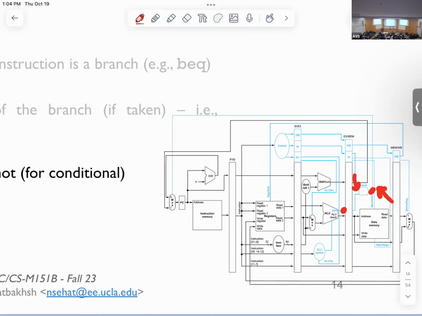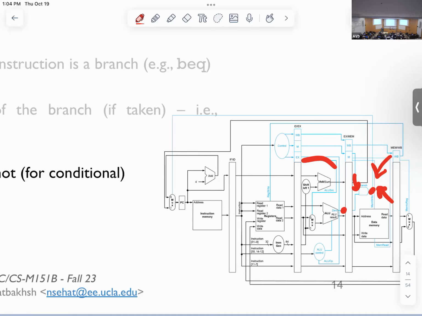When I was talking about where to put that AND gate, I said I want to put it in the memory stage, because the execution stage is already very busy, so I want to make these stages equal length. So I'm figuring this out in the middle of my memory stage.